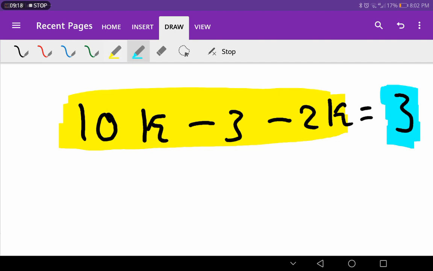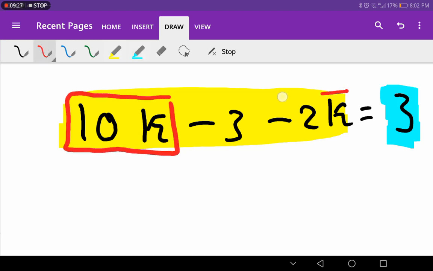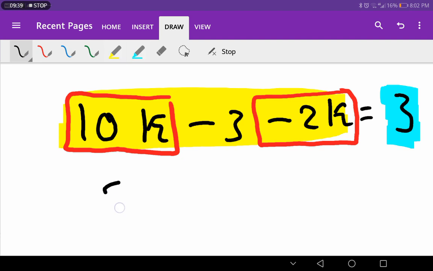There is some combining that will happen here, because this guy and this guy are like the same, we can combine them. So 10 I have, negative 2, so 8k, 8k negative 3 equal 3.